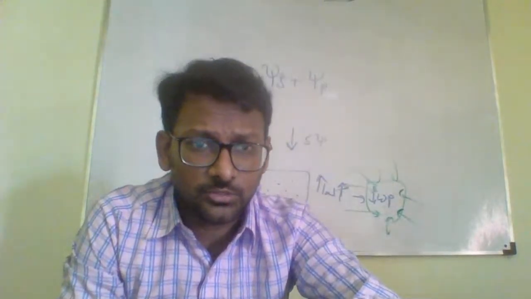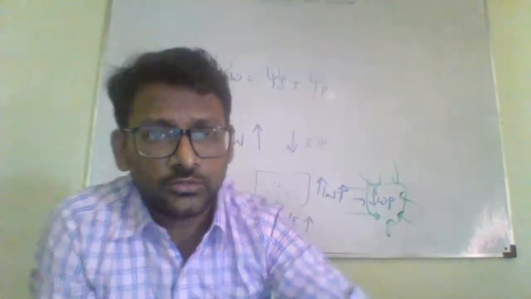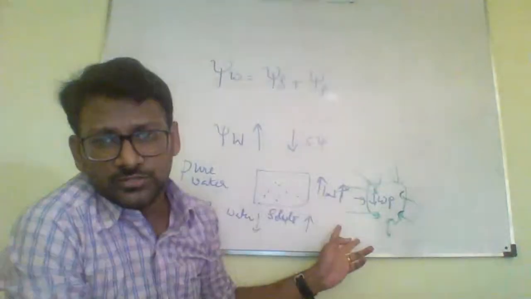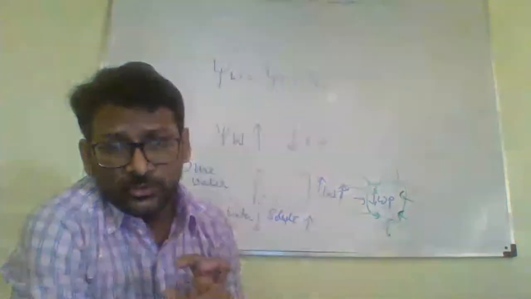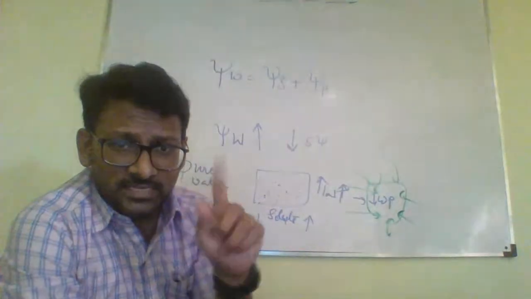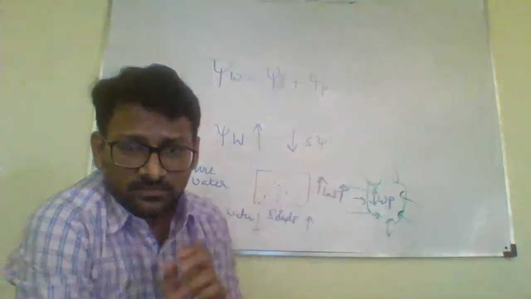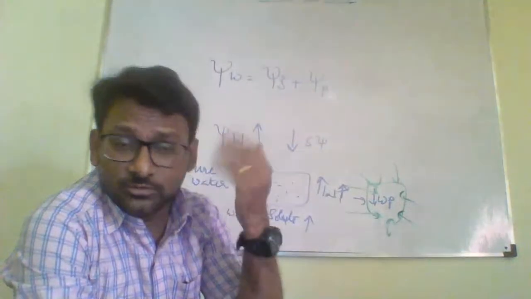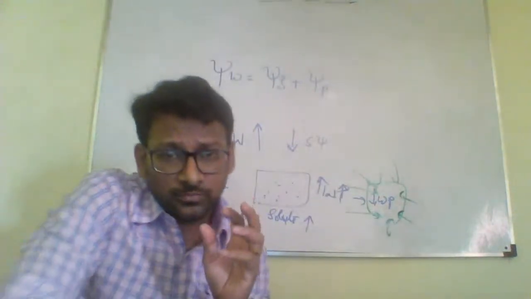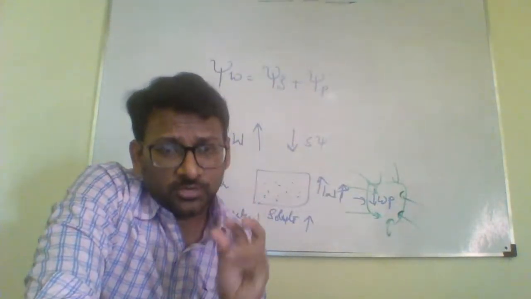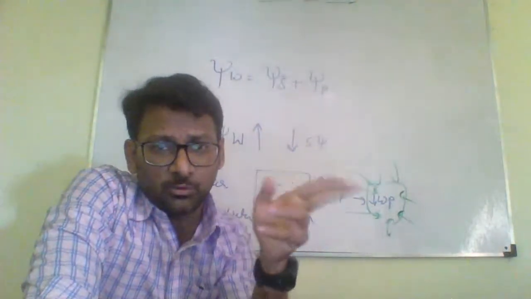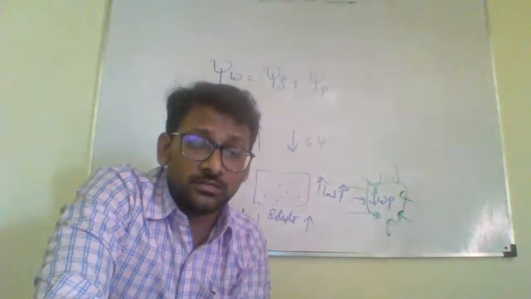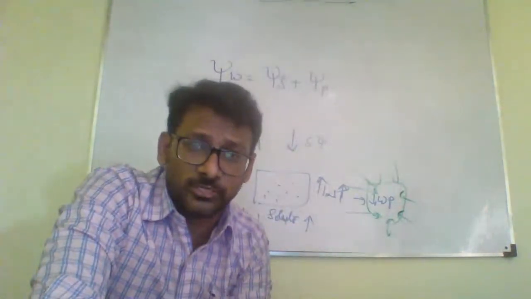Clear, right? So that is one of the aspects. These are very confusing actually. If these things come in an examination, what you can do is write psi w, psi p, and psi s, and try to recollect that. The water potential being lower or higher depends upon the solute potential.